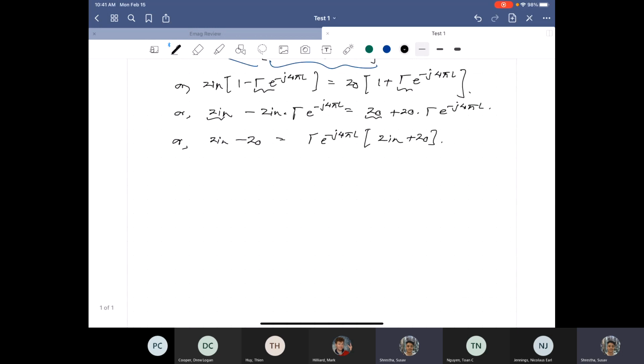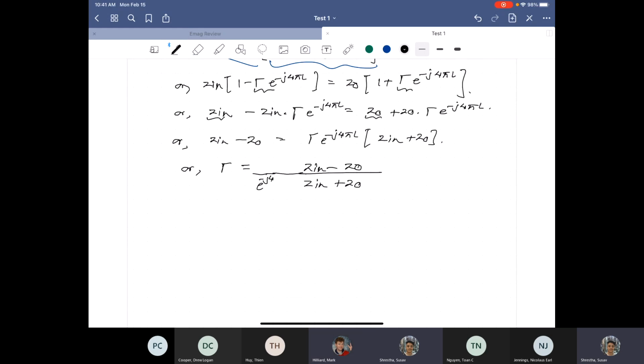It sounds simple, but since the numbers we're calculating are complex, even a plus or negative sign can really matter. So let's solve this for the reflection coefficient. That would be Z in minus Z naught. Do you guys have your calculator out? I'm gonna need one of you all to solve this for me.